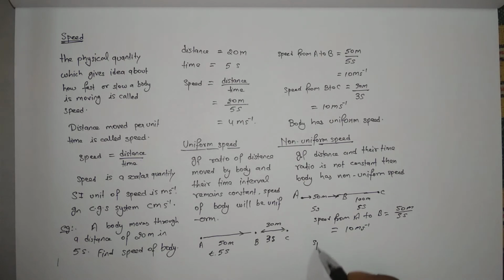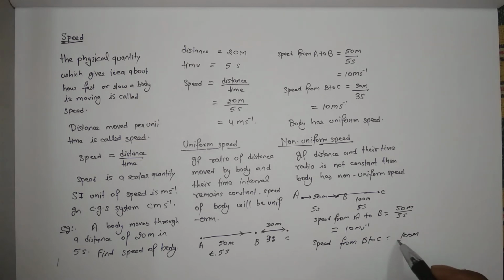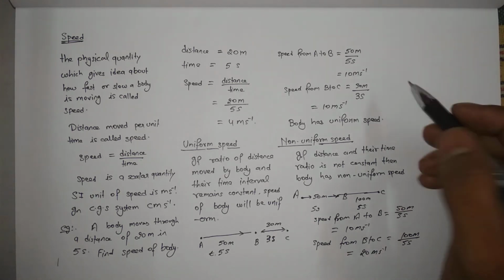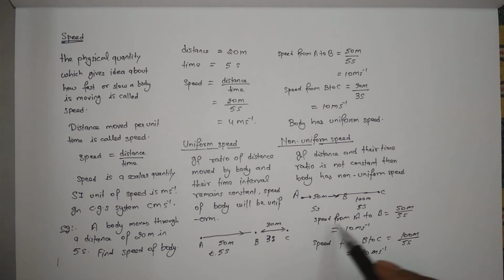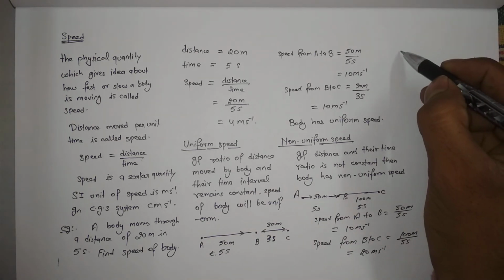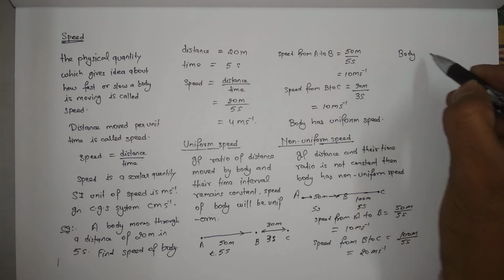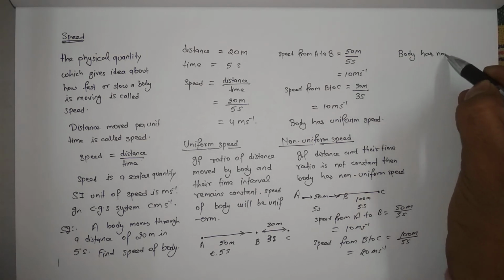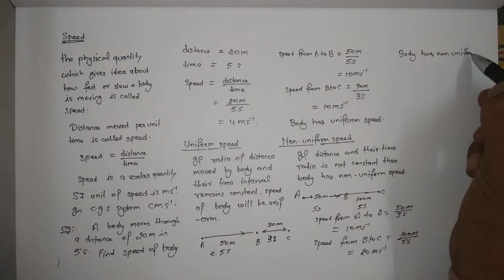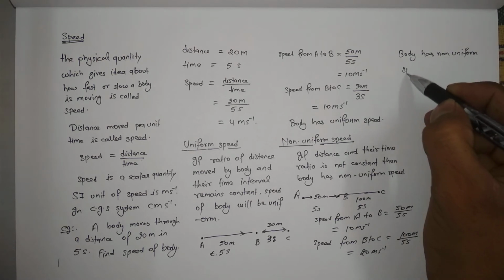Now speed from B to C is equals to 100 meter divided by 5 seconds, and its result is 20 meter per second. See, ratio of distance and time from A to B and B to C is not equal, so body has non-uniform speed.